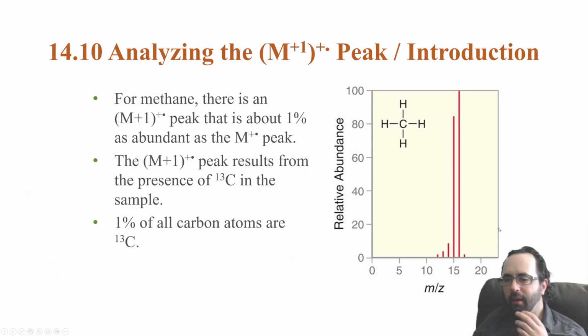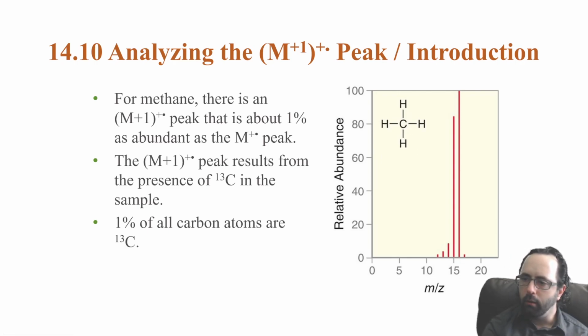When we look at our molecular ion peak, often there's going to be a little peak off to the right, the molecular ion plus 1 peak. This is due to the presence of carbon-13. About 1% of all carbon atoms are carbon-13. So here in methane, we only have 1 carbon atom, and most of these are going to be carbon-12.